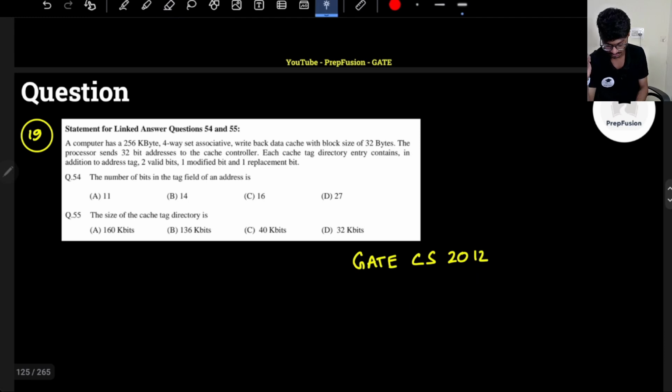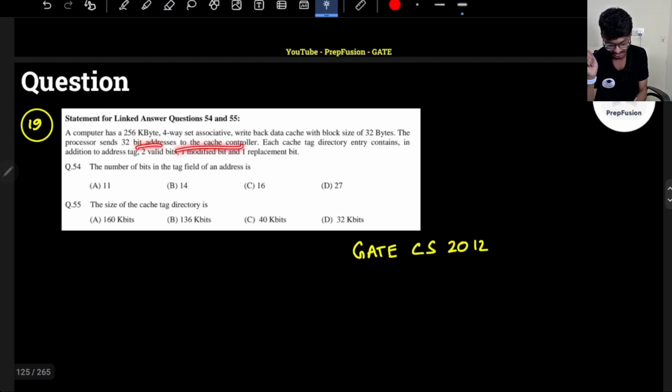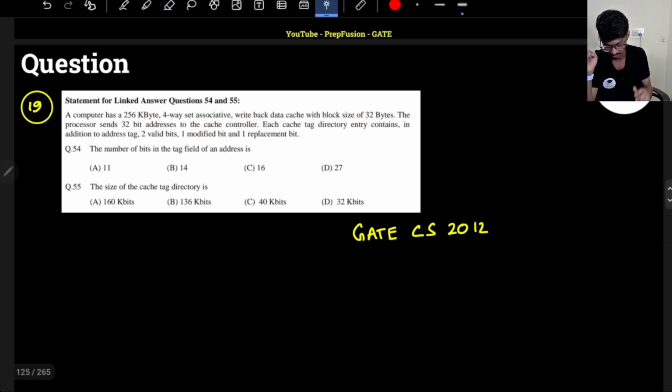So a computer has a 256 kilobyte four-way set associative write back data cache. A lot of information is given. Block size is 32 bytes. First of all, let's reduce the information.